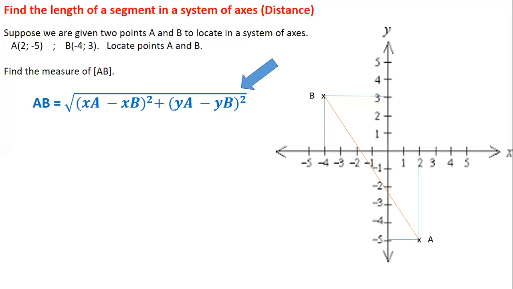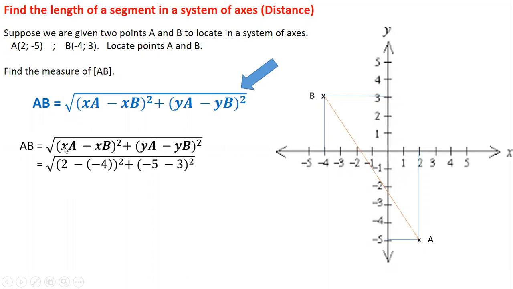Now, I have the abscissa of A, the abscissa of B, the ordinate of A, and the ordinate of B. So what I should do is only replace. I wrote the rule, and now I'm calculating the measure of segment AB. We always start with the rule, then we start replacing.